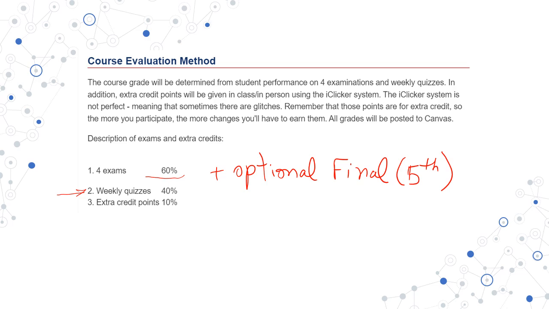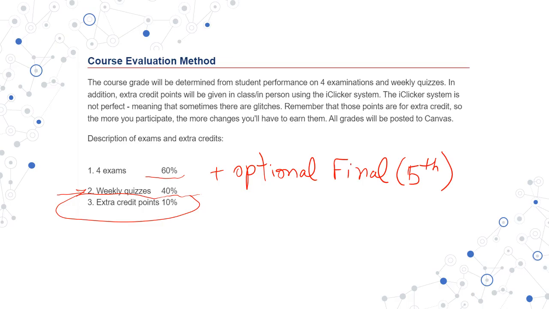Okay. All right. So iClicker is going to count up to 10% of your final grade. I will not be uploading the iClicker points as we go along because that thing totally messes up the Canvas platform and it totally drives me crazy. So make sure you keep track of your iClicker points.